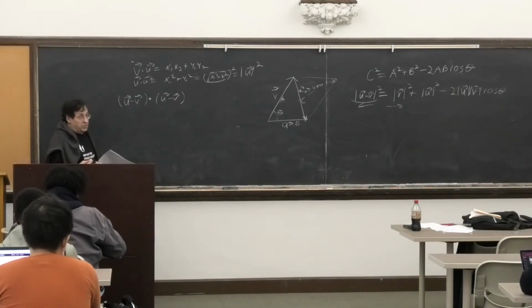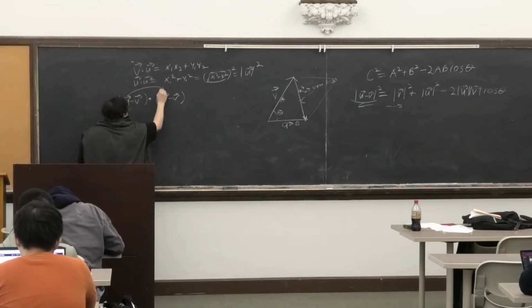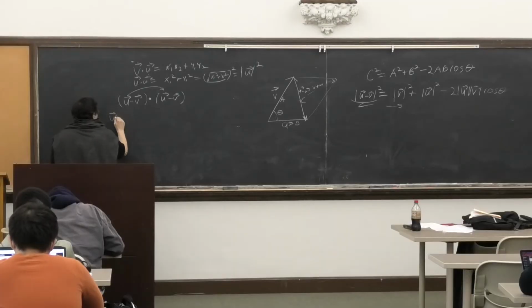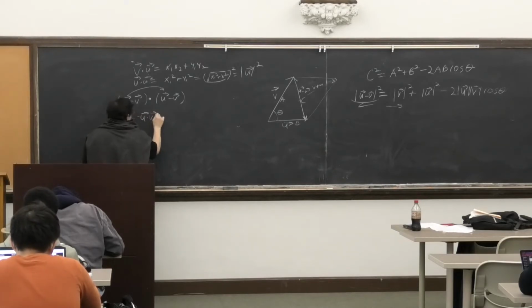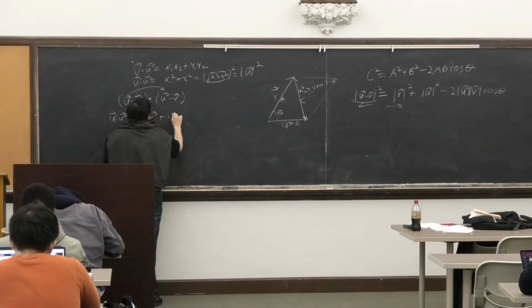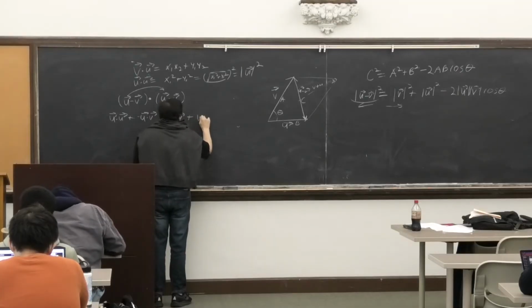So now we're going to distribute using FOIL. So we have u dot u minus u dot v minus u dot v plus v dot v.